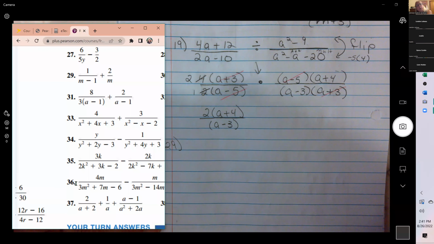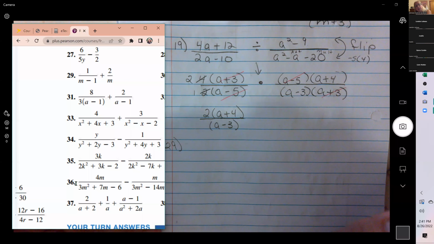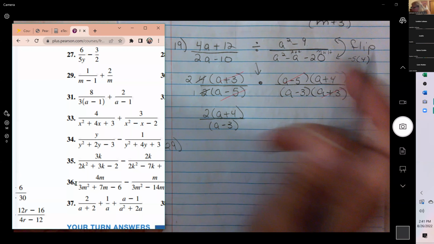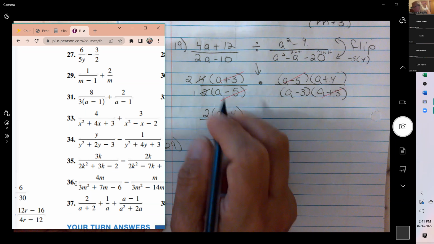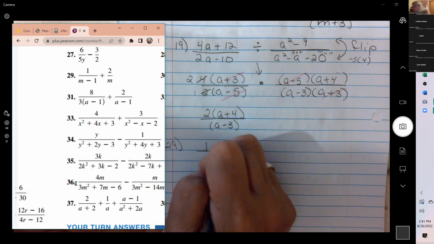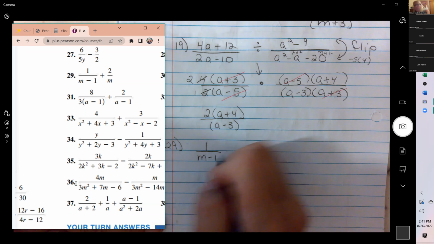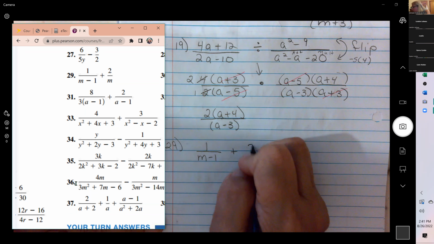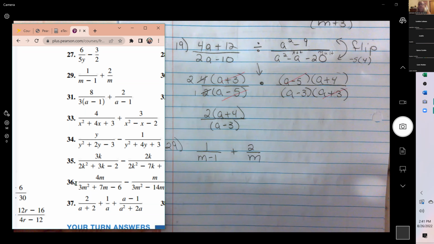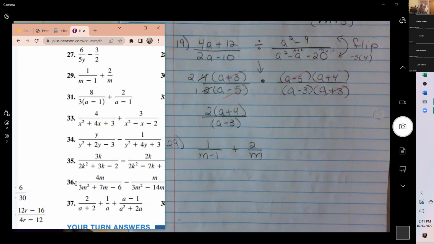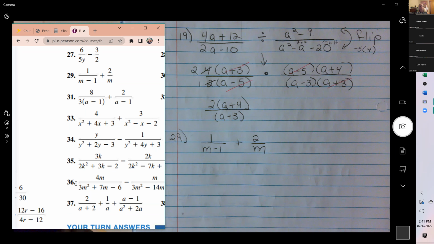Now, the difference between those and addition and subtraction, like if we look at number 29, in order to add or subtract, the denominators need to be the same.